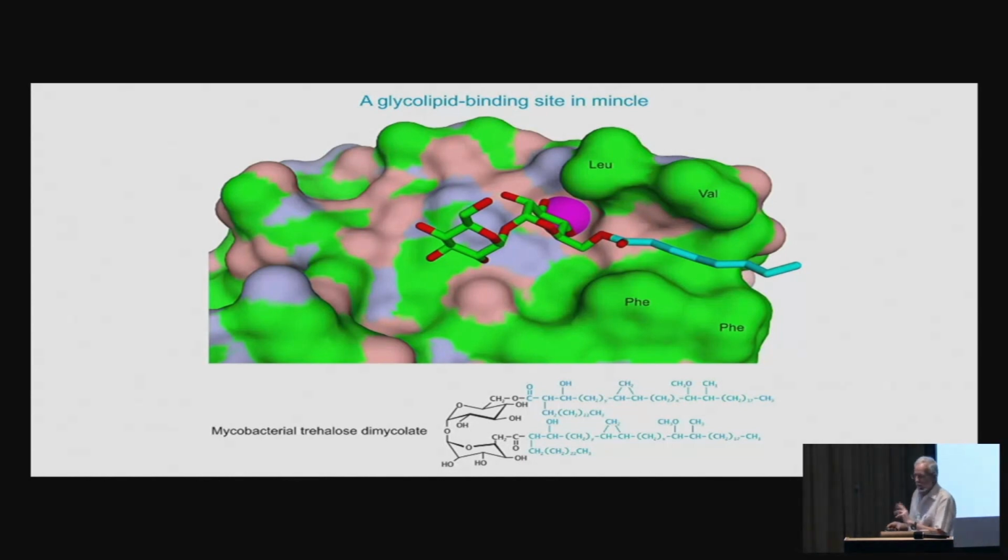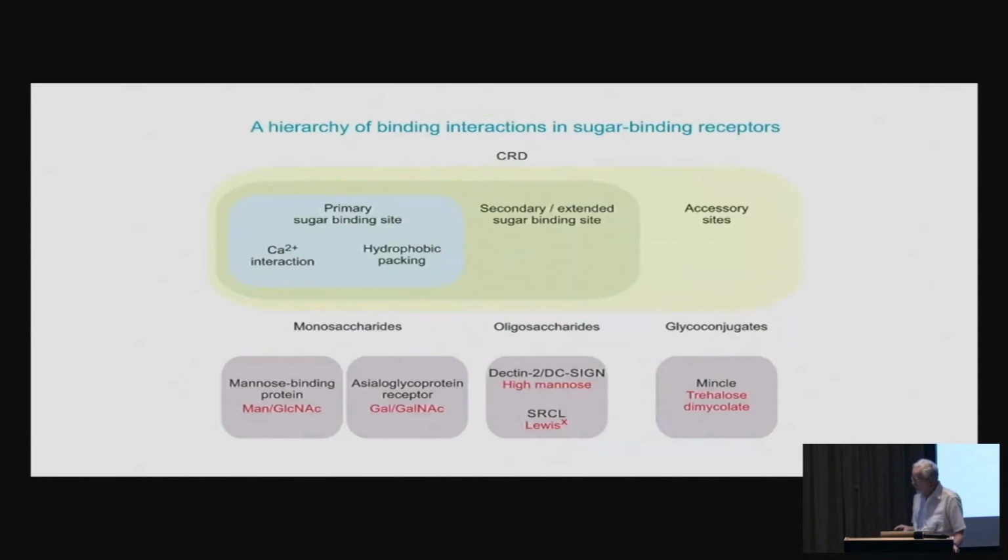So you can have additional ways of attaching specificity, and those kinds of things are all summarized in this slide, which shows you that you can have the primary binding site, very simple recognition. You can extend that to looking at longer types of sugars, and you can extend it further by looking at additional things beyond just the sugar.